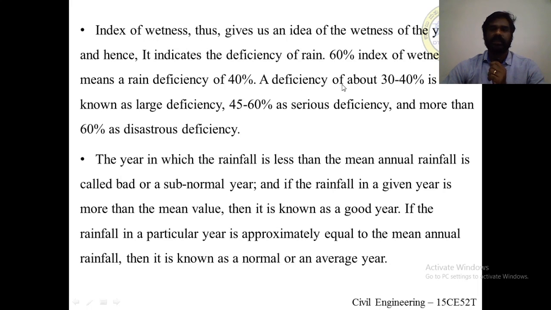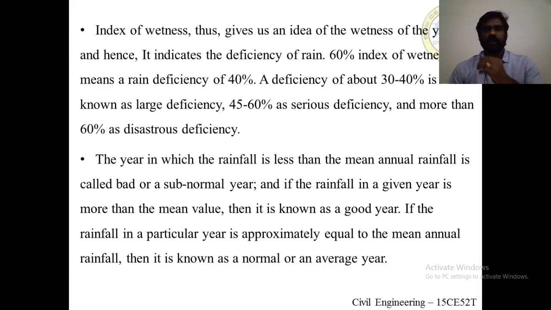See, like that, a deficiency of about 30 to 40% is known as large deficiency. If in a year we find a deficiency of 30 to 40%, it is considered as large deficiency.